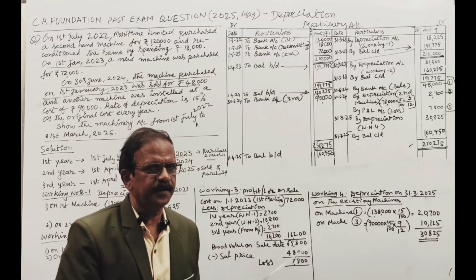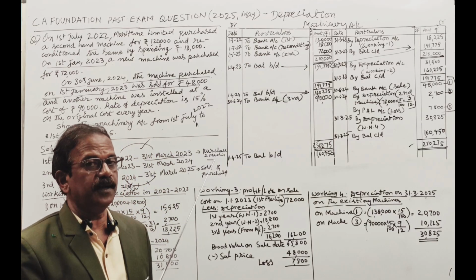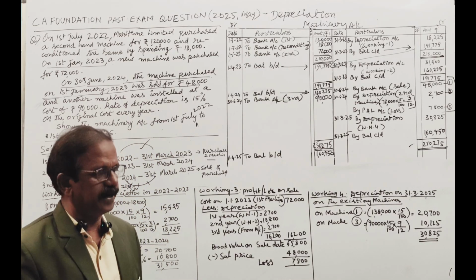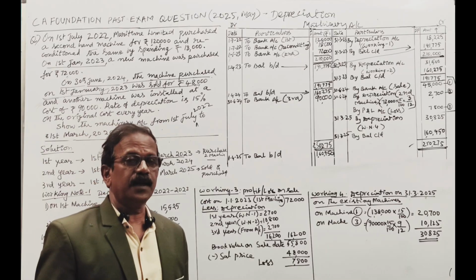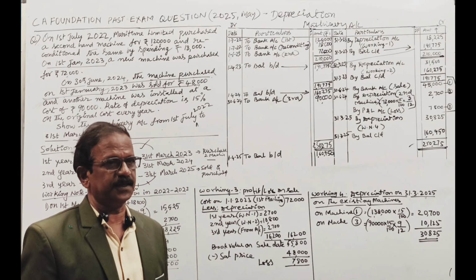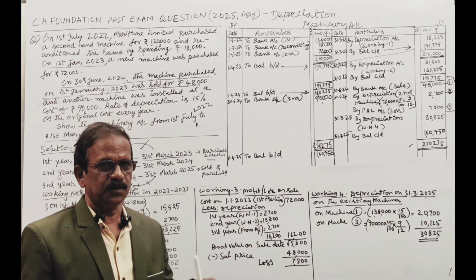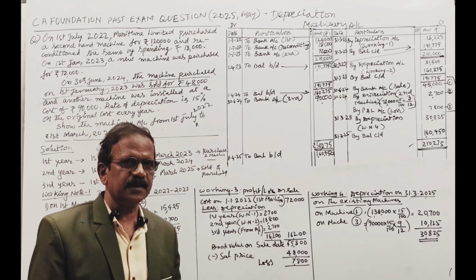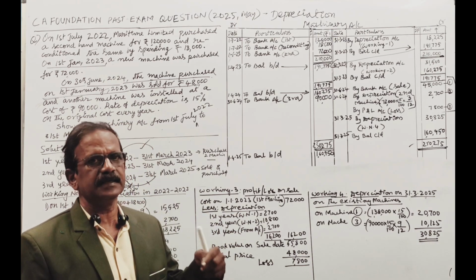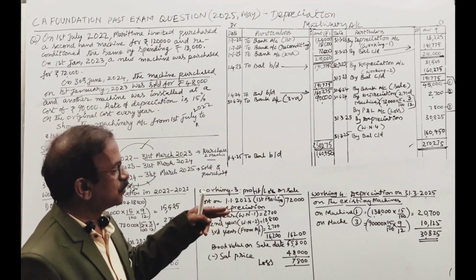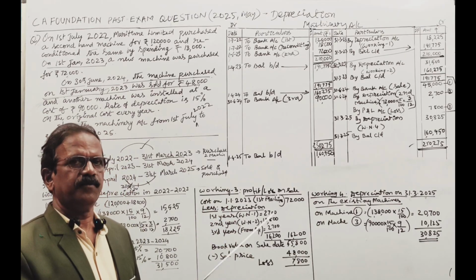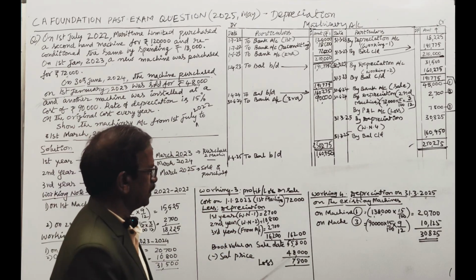You have to verify how many machines are with us on that date. Totally we purchased 3 machines. Out of 3 machines, the second machine is sold. So we are left with the first machine and third machine. On those 2 machines, we have to calculate the depreciation.